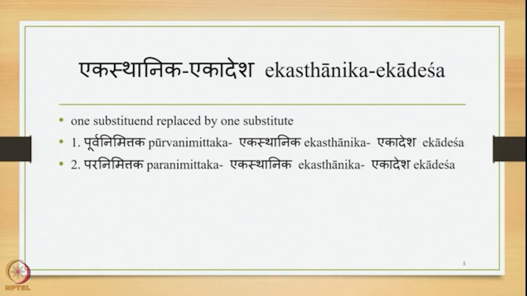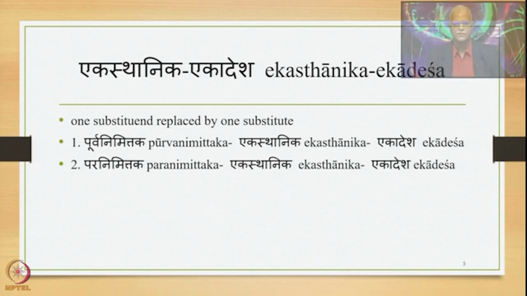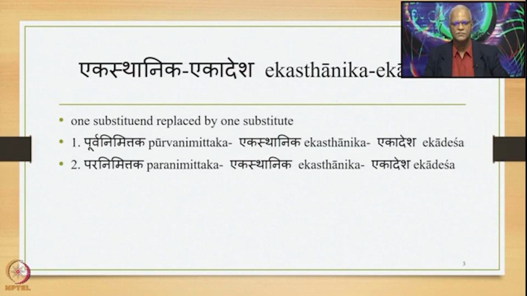We also classified Ekasthanika Ekadesha in accordance with the place of the nimitta, or the condition or the environment. It could be Purva Nimittaka Ekasthanika Ekadesha as well as Paranimittaka Ekasthanika Ekadesha.